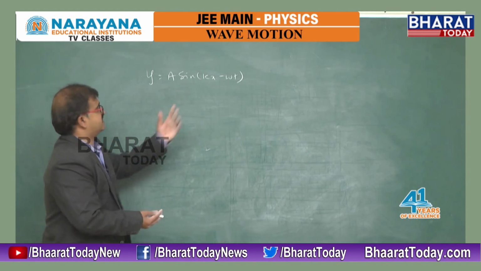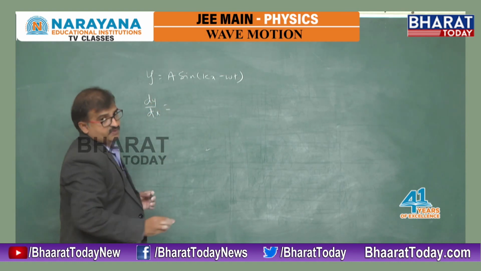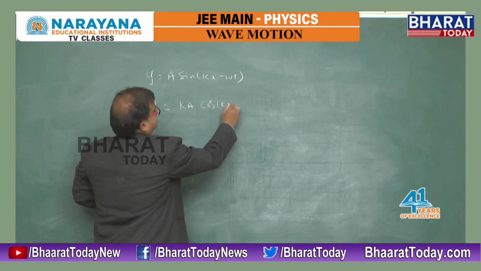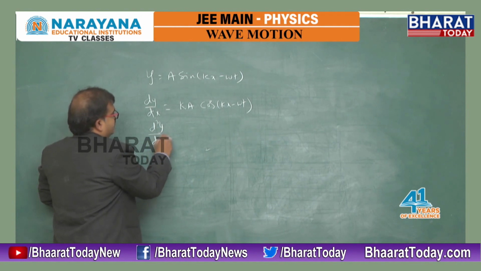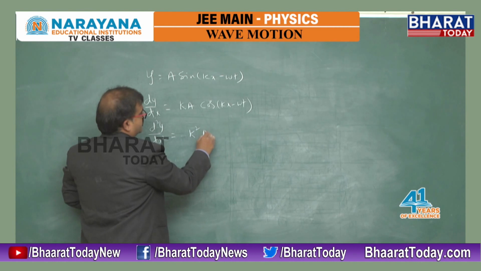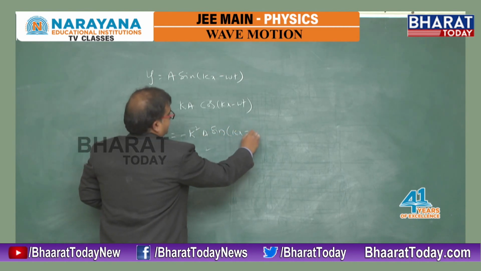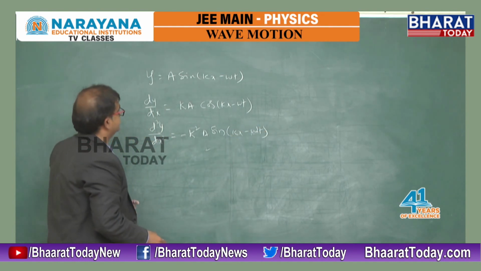So here, when the wave is traveling like this, just now we got dy by dx is equal to k into a into cos(kx minus omega t). d square y by dx square is simply k square a times minus sin(kx minus omega t).